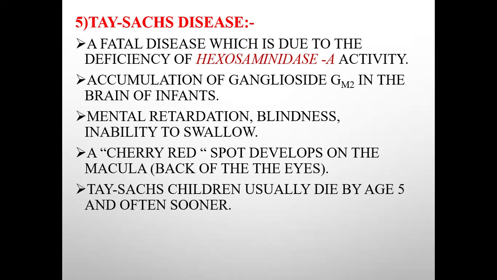So we have accumulation of ganglioside GM2 in the brain of infants, and you have mental retardation, blindness, inability to swallow as clinical manifestation. And you have a cherry red spot that develops on the macula, that's the back of the eye. And Tay-Sachs children usually die by age 5 and often sooner.